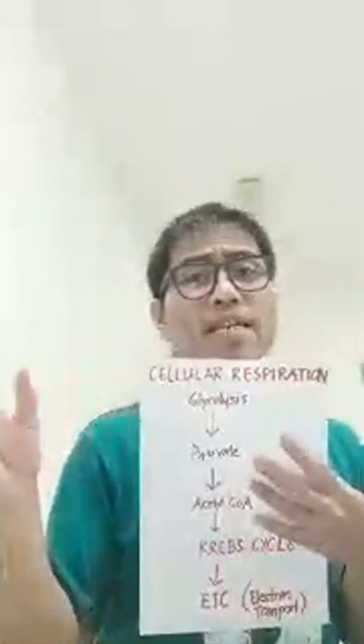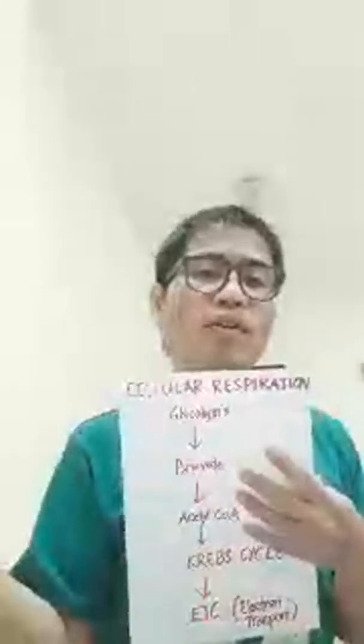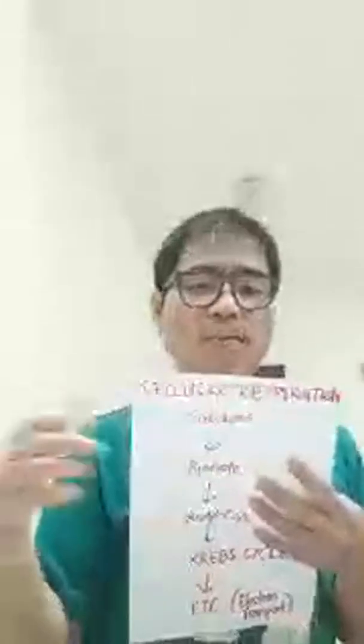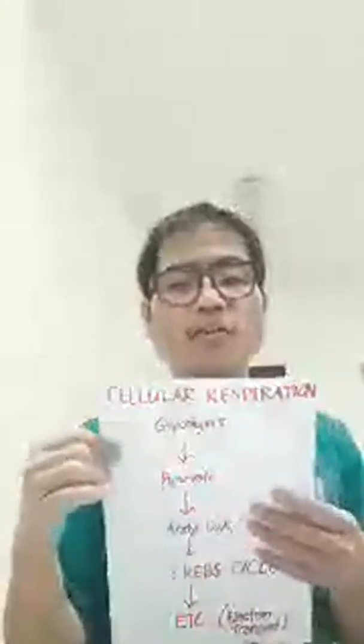Actually there's a little bit of similarity, but there's a difference, especially in the chemical reactions involved and the products involved in each process. So again, what are the two types of cellular respiration? The anaerobic respiration or the aerobic respiration.